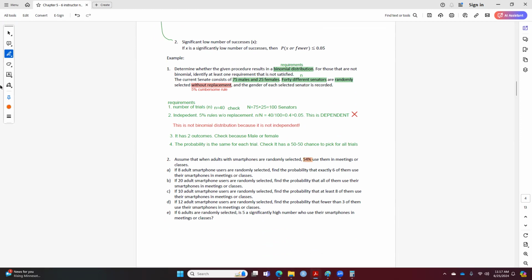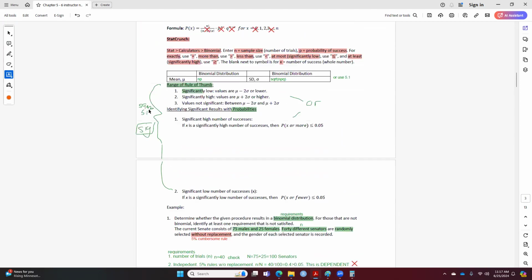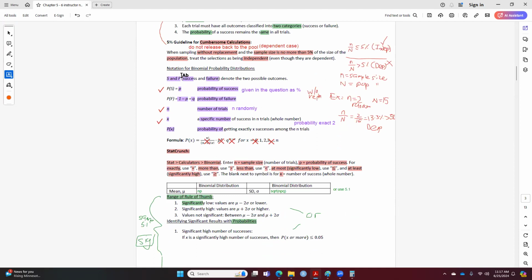So what is this 54%? If you look carefully on here, these are the notations. Can someone tell me which is the 54% we call that? Is that your P? Is that your Q? Is that your N or your X? These are the only choices you have here.